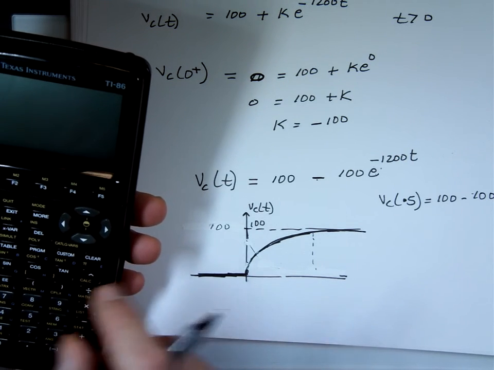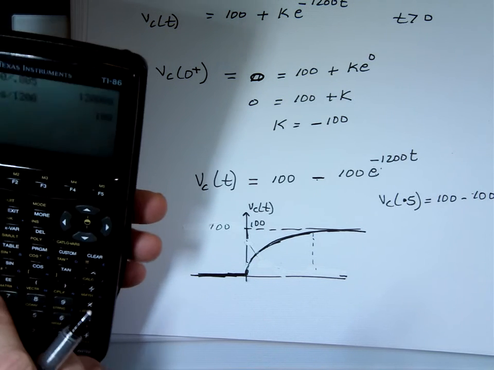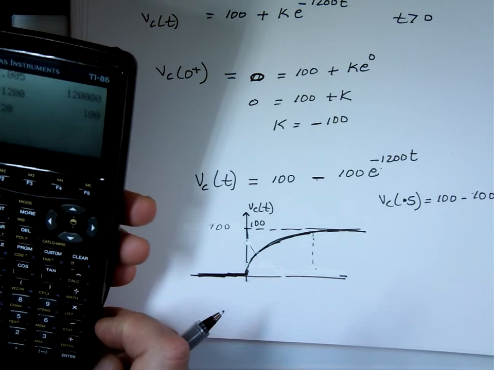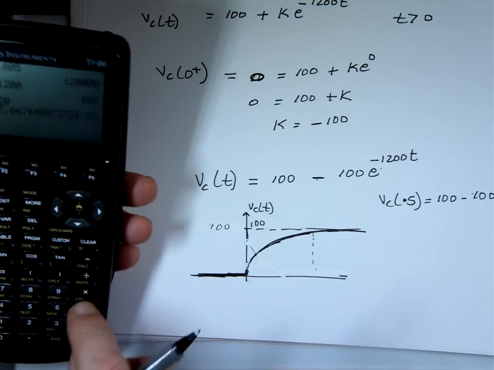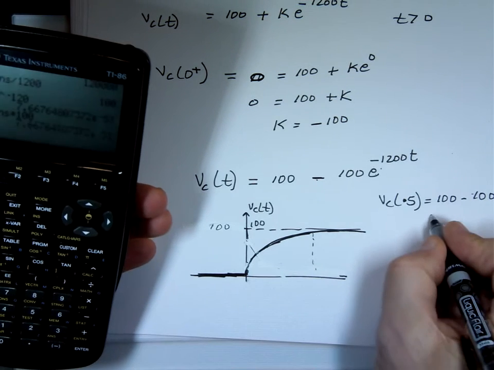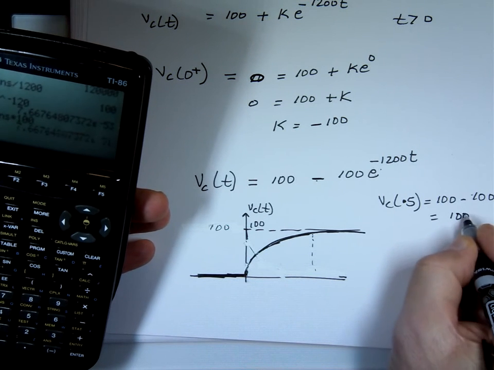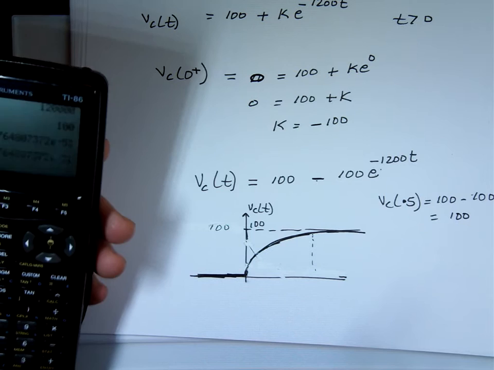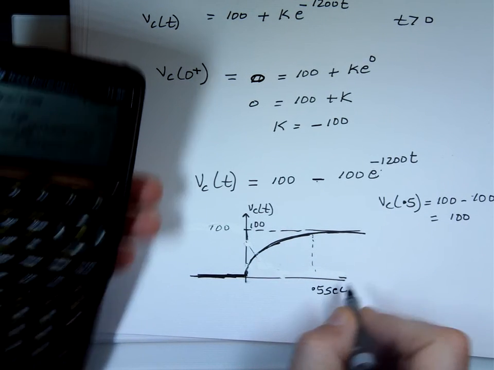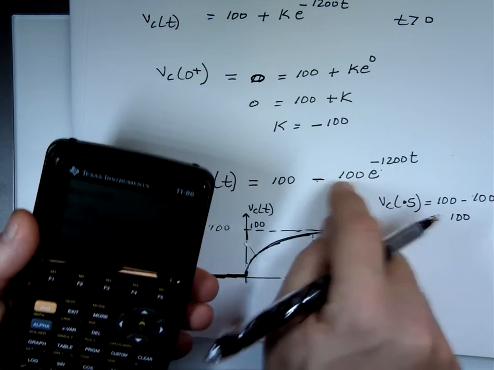And the value is actually 100. Because at 0.5 second, the value of this one is 7.66 times 10 to the minus 53.